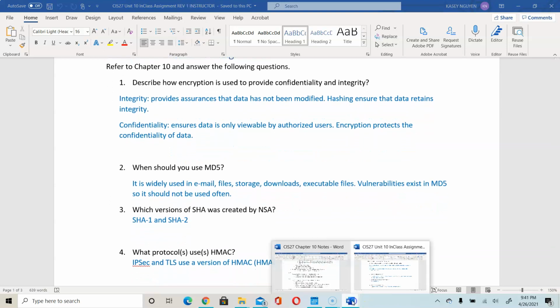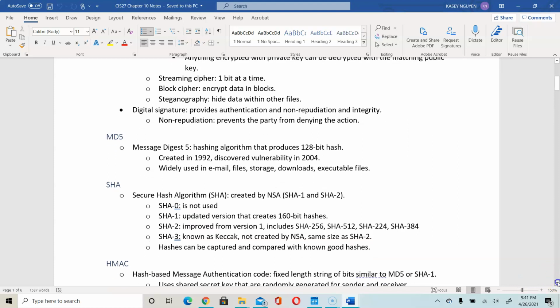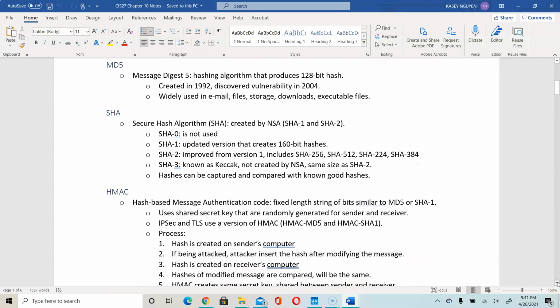In the next question, that would relate to the HMAC portion of our notes, and HMAC stands for Hash-Based Message Authentication Code. This is your fixed string of bits, very similar to MD5 and SHA version 1. It uses a shared secret that is randomly generated for the sender and the receiver.